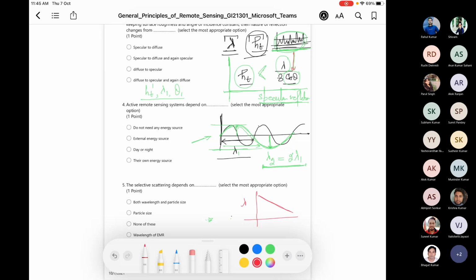You are just decreasing this wavelength. What happened? If you keep on decreasing, then this inequality will change. After a certain level of change, what will happen? This will be greater than. And at that moment, what will happen? Specular reflection is changed to diffuse.